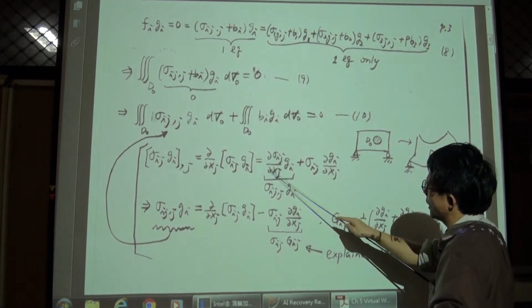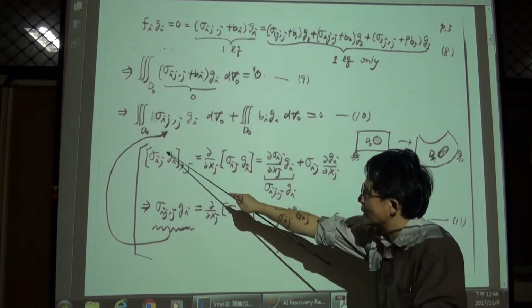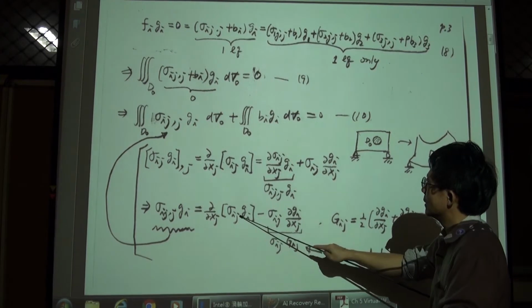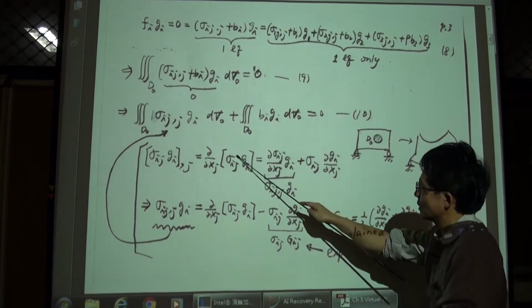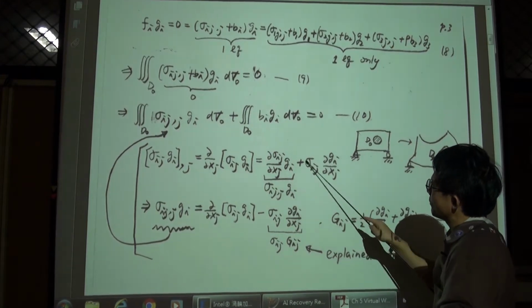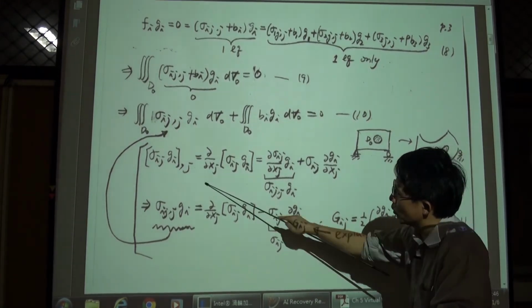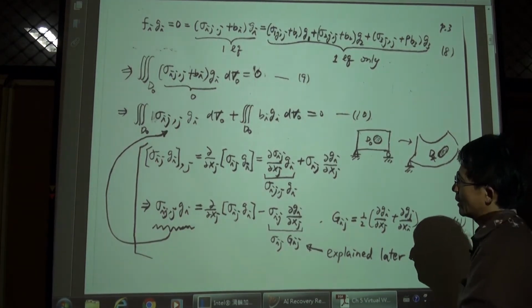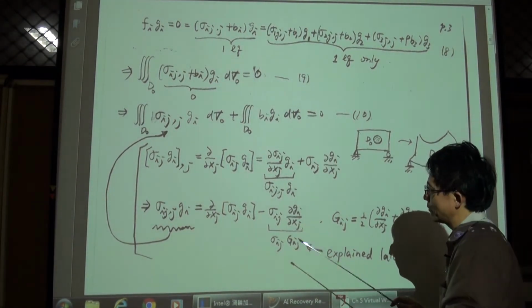We put this term here and this term here. But this term is just equal to this term. We have plus and it becomes minus because we move it to the left hand side. I think you can follow me so far.